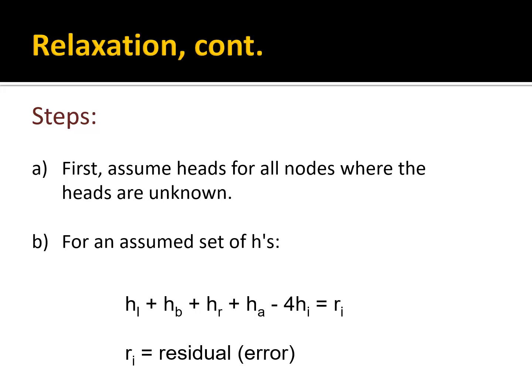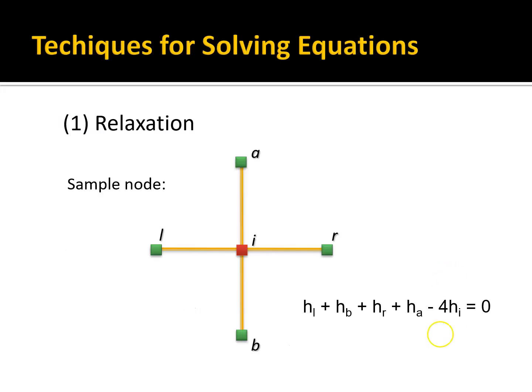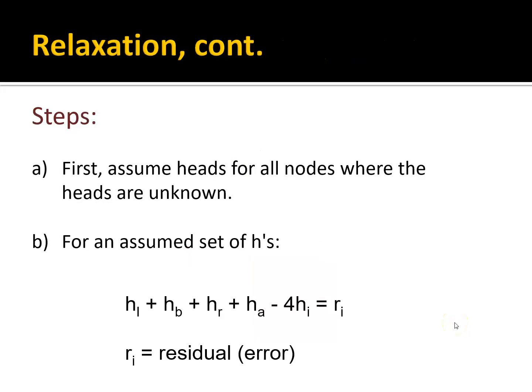Okay? So what we do to start out is we don't know what the heads are, right? The whole point of this is to find a set of heads that satisfy the governing equation, so they make this equation balance. So if we guess at a set of heads, and then using our assumed set of heads, we evaluate this equation, it's not going to be equal to 0 on the first try. It's going to be equal to some value, which we're going to call the residual error.